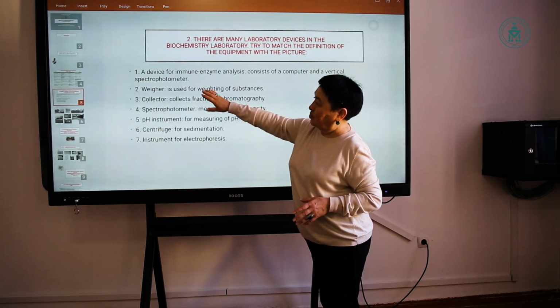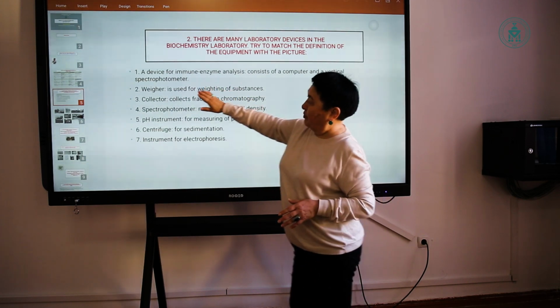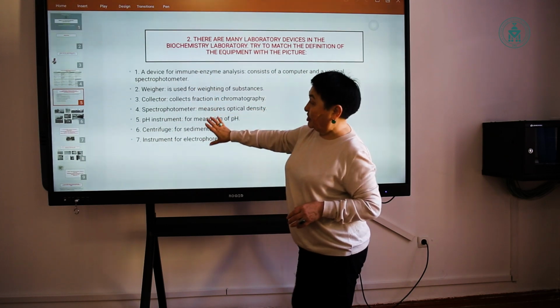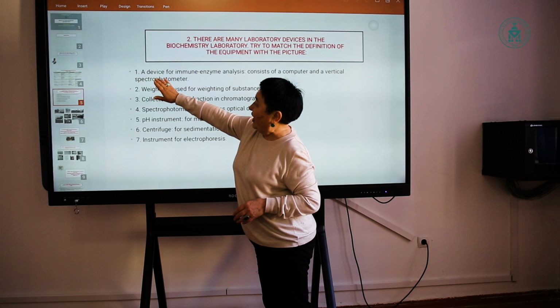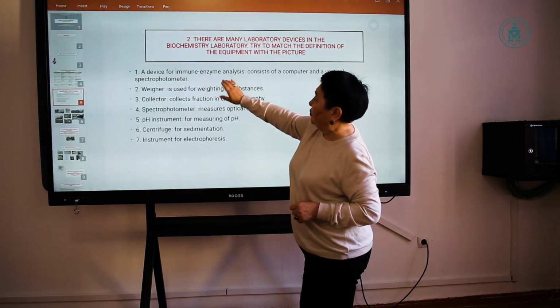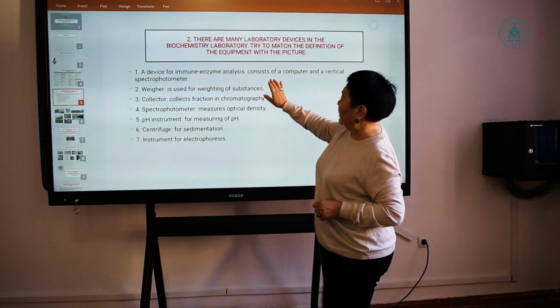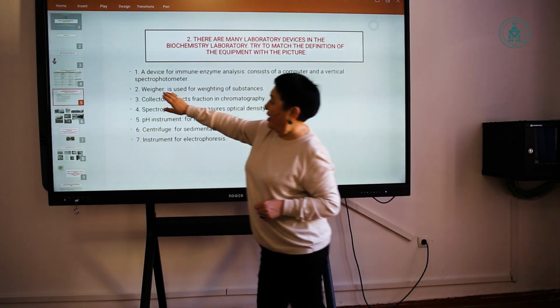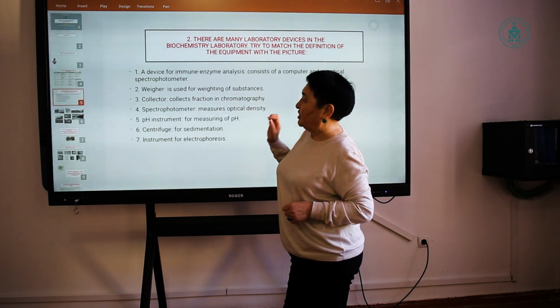So, as you see, for example, I represent 7 statements. A device for immune enzyme analysis consists of a computer and a vertical spectrophotometer.